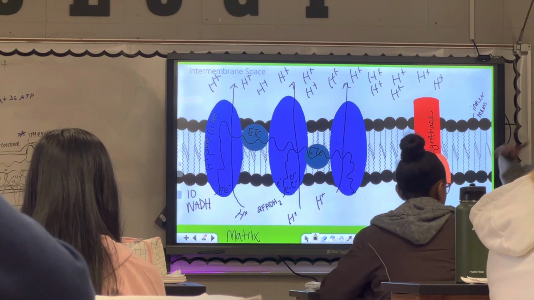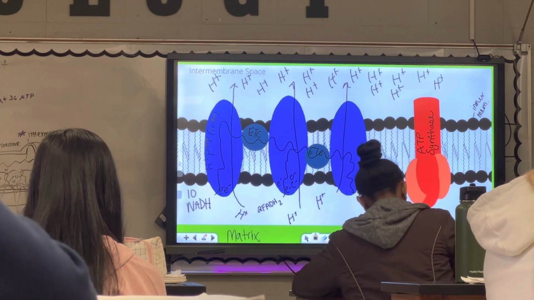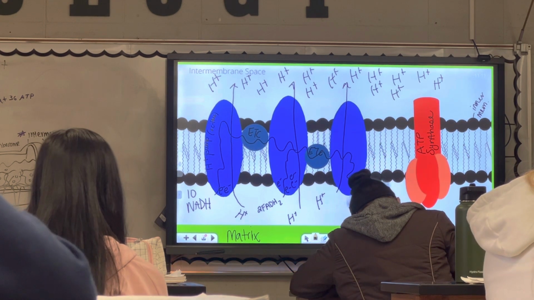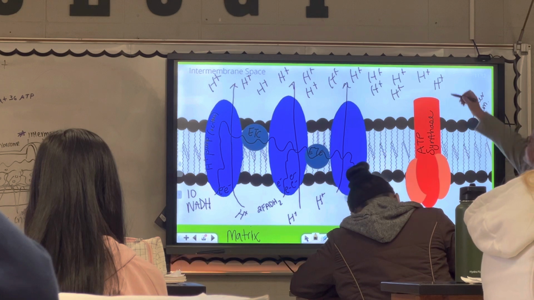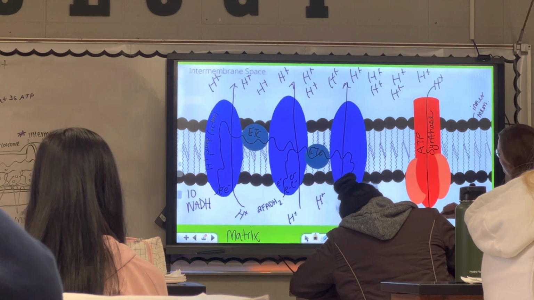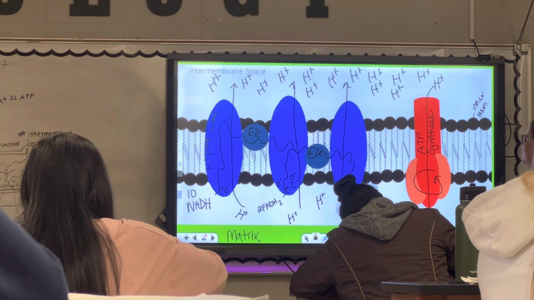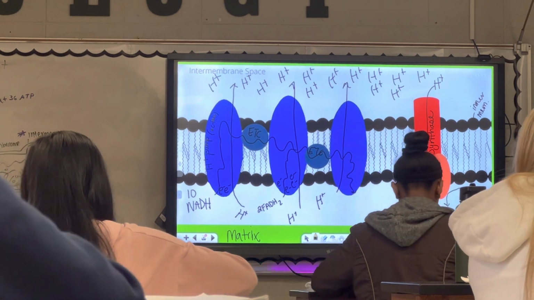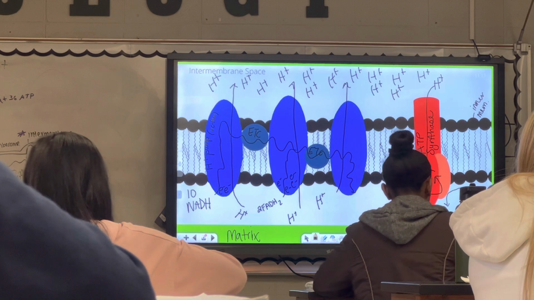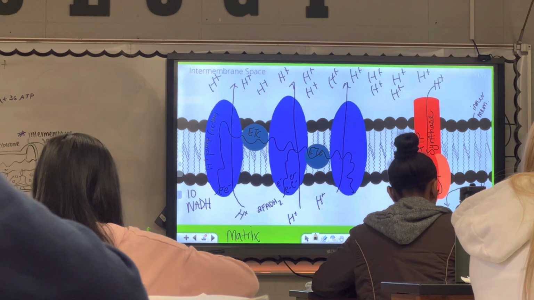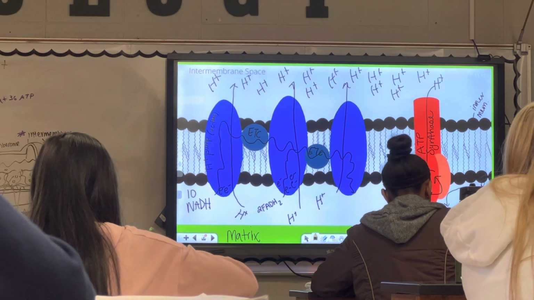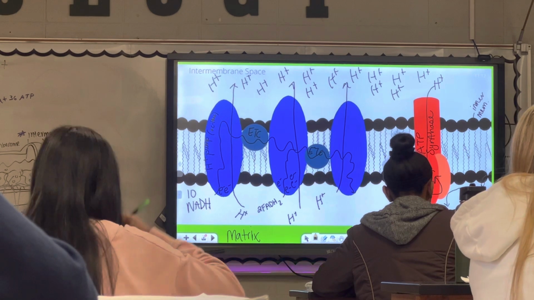Now we have this buildup of all these hydrogen ions. How did they work in photosynthesis? They went through ATP synthase. As each one went through, ATP synthase turns. When it turns, it sucks in ADP and phosphate, and we make ATP.